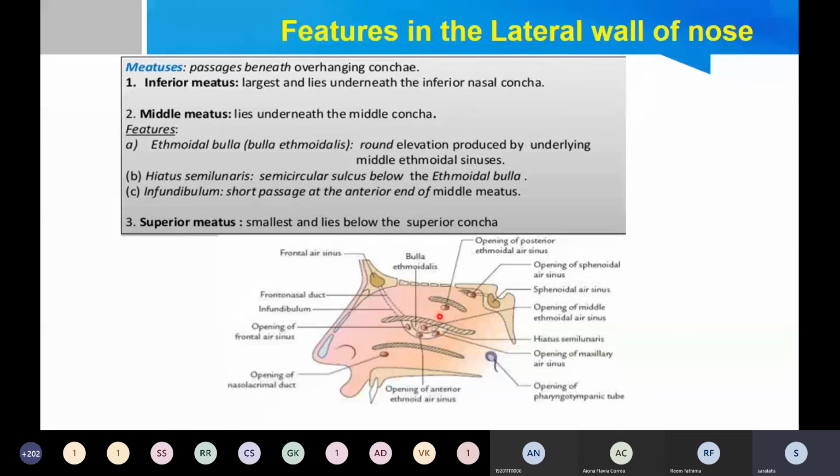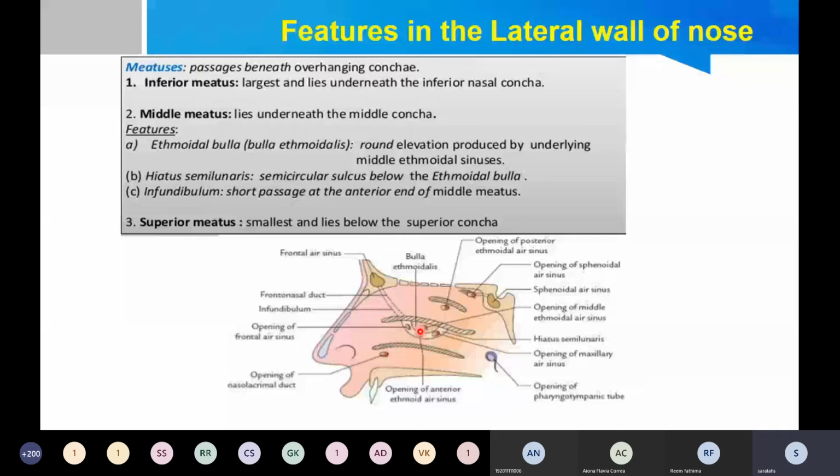Meatus are the passages or spaces present between the concha. If you recall, I mentioned the paranasal air sinuses, and they have to open into or drain into the nasal cavity, especially into the lateral wall of the nose. Here, this is the superior concha, this is the middle concha, and this is the inferior concha.